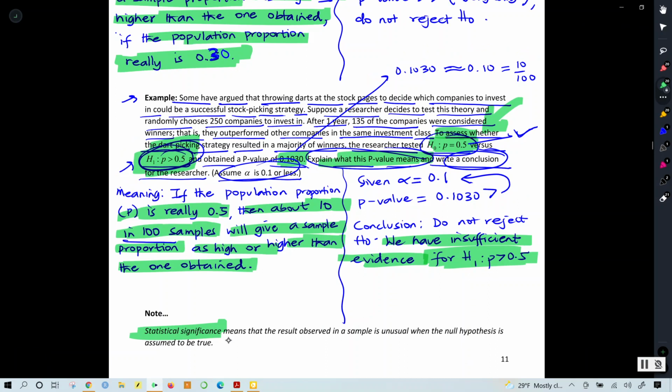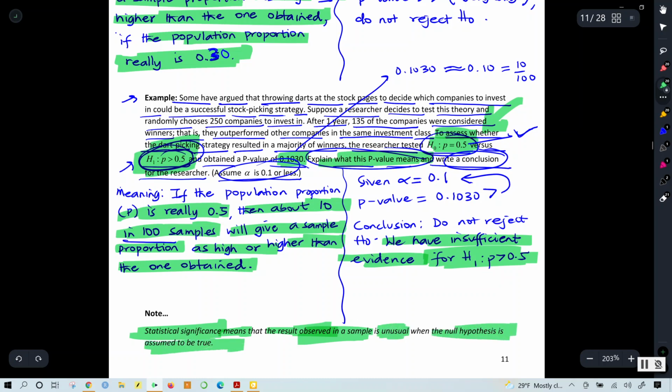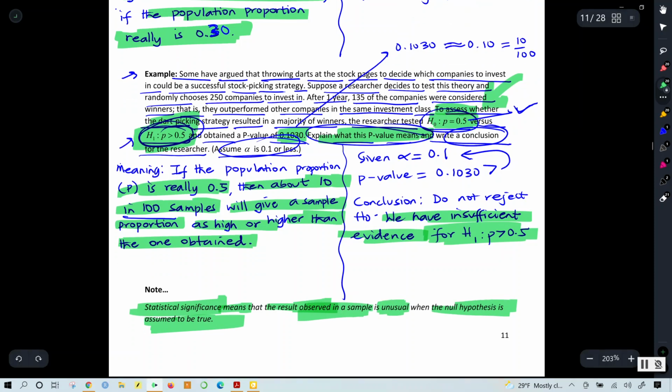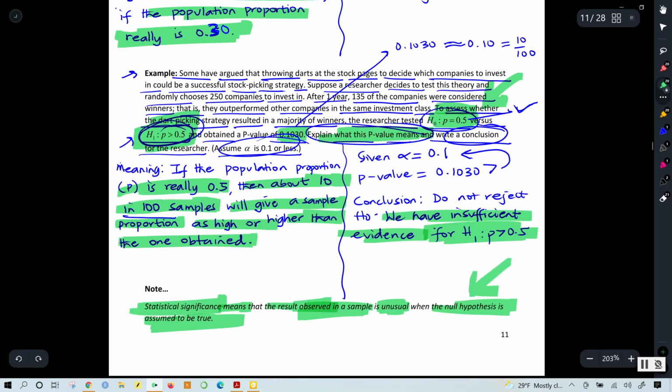Statistical significance means that the result that we obtain from a sample is so unusual under the assumption that the null hypothesis is true that we have to go back to the null hypothesis and say, even though we assumed you to be true, under your assumption we're getting an unusual result, so unfortunately, we have to what?